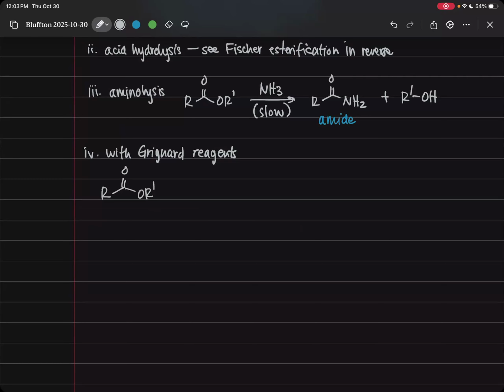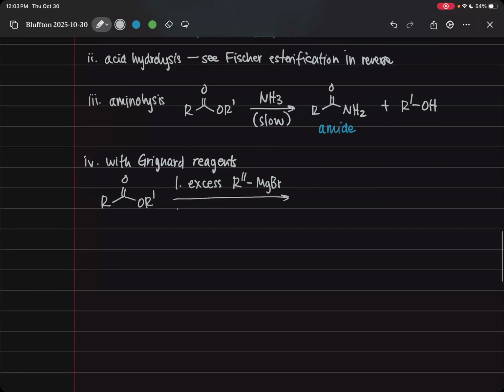So we take our ester and we add excess Grignard reagent. So here I'm just saying R prime and R double prime. These are all just different R groups. They don't necessarily have to be different, but they can be. So we do Grignard reagent and then aqueous workup.